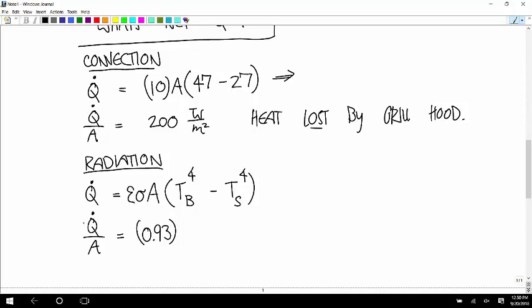Okay, so Q dot over A is the emissivity times the Boltzmann constant, 5.67 times 10 to the minus 8.